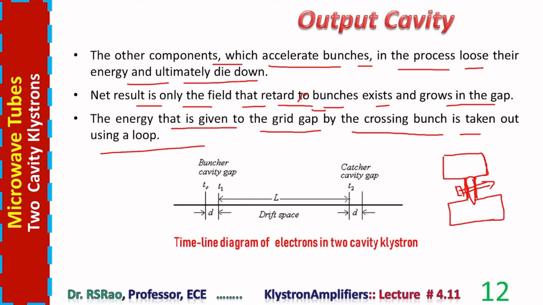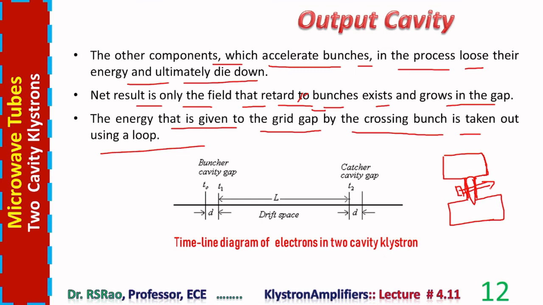During the process of giving energy to the bunch, these components lose energy. Already they are very weak. Giving even that small amount of energy means they get further weakened. Ultimately, they die down. So components which favor the motion of the bunch simply disappear.